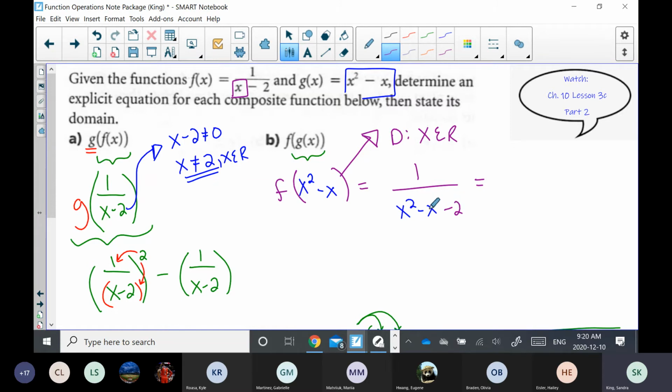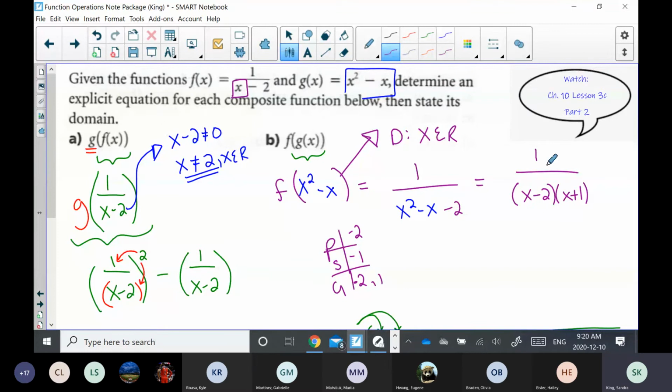So we would need to factor this denominator. I'm looking for what gives me a product of -2 and a sum of -1. So it's going to be 2 and 1, and I need a -1, so this guy's going to be negative. -2 and 1. Factors would be x minus 2 and x plus 1.